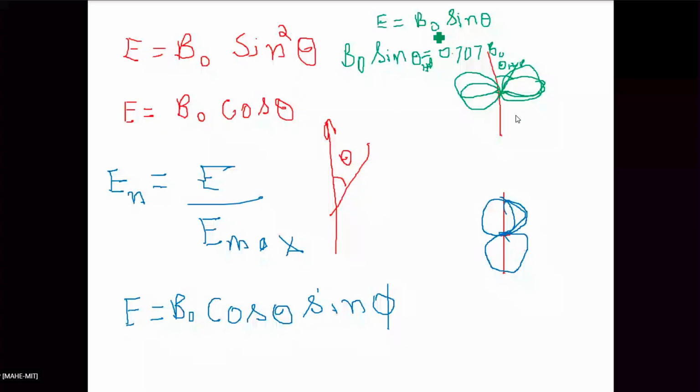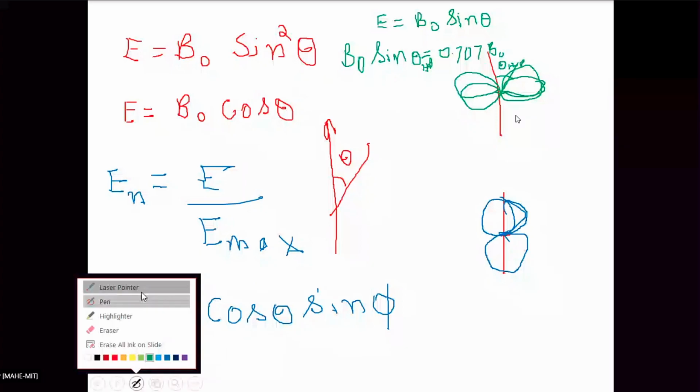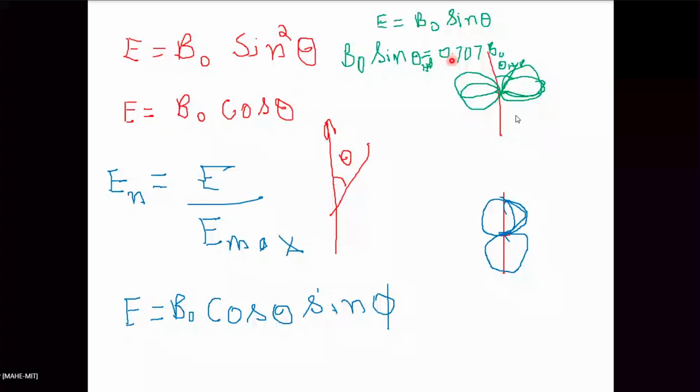So if power has to be half, the electric field should be 0.707. Right, no? Yes, sir. So E naught sin theta HP is equal to 0.707 of E naught. So this is the angle theta HP.